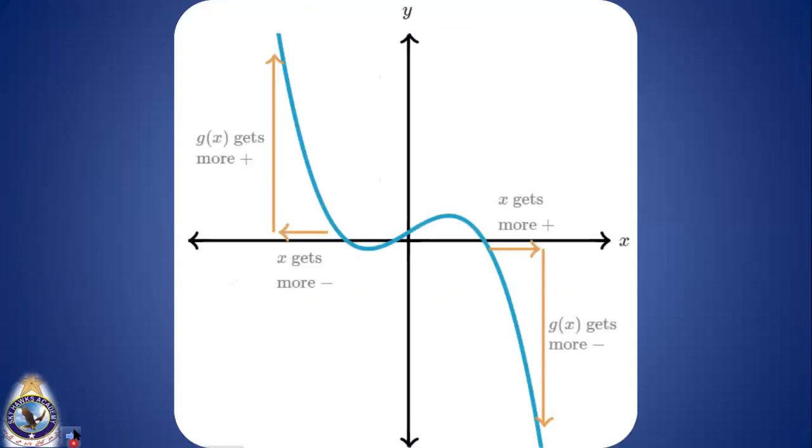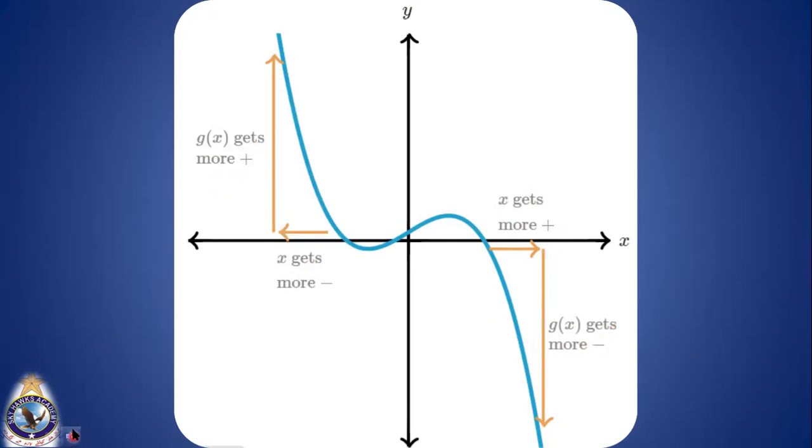Now let's see. This was the graph, and at the right, as x gets more positive, g(x) gets more negative. It's coming down. And from here you can see x gets more negative and g(x) gets more positive. So as you move to the left, your graph is moving up.